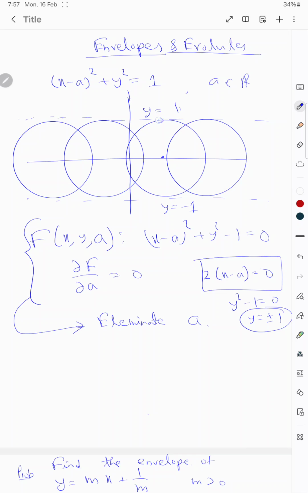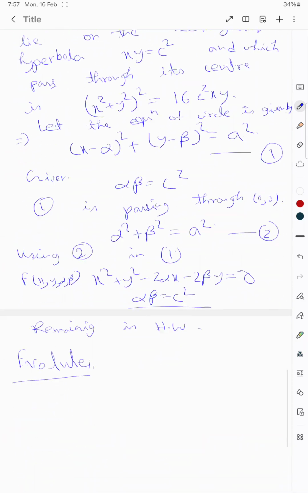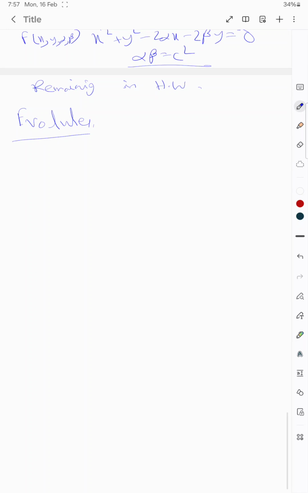At this point this is your tangent, this is your tangent, so the intersection of the tangents of all the curves gives you this type of thing. But whenever you are dealing with normals, that will be your evolute. First you have to find the normal of the curve, and then find the envelope of that.